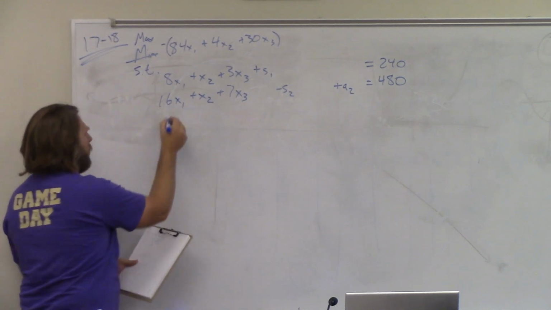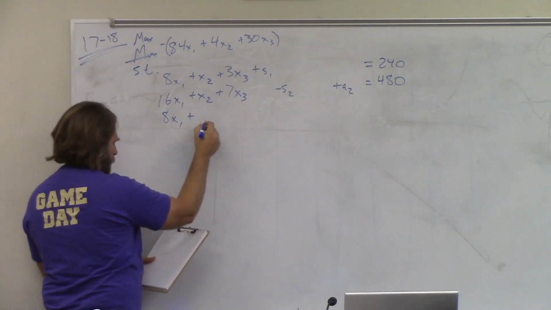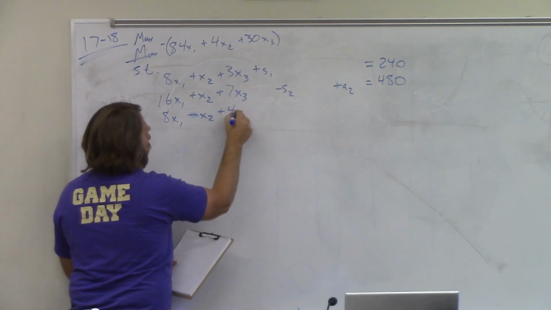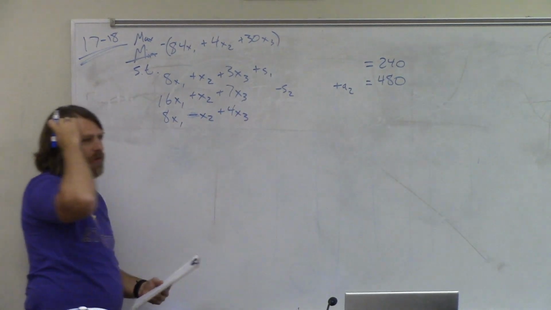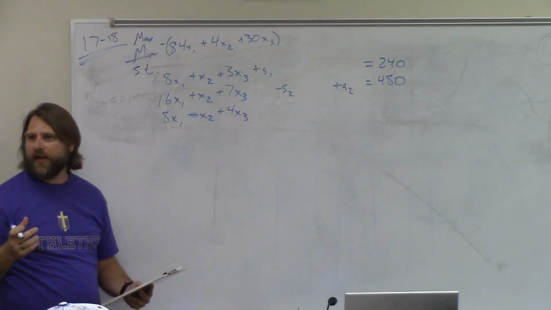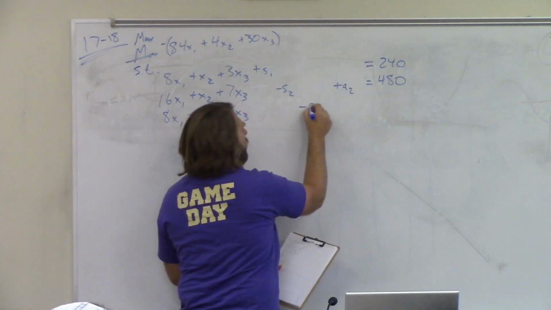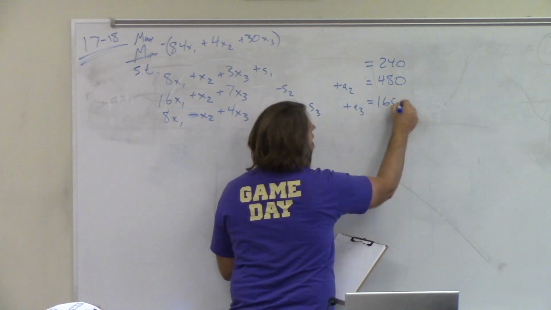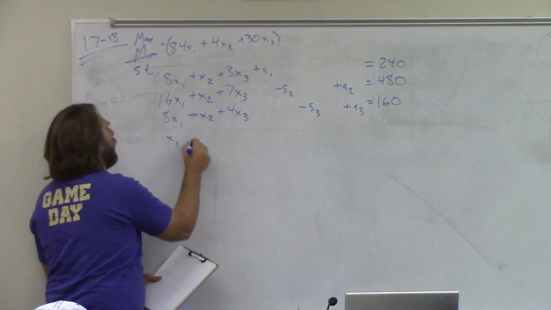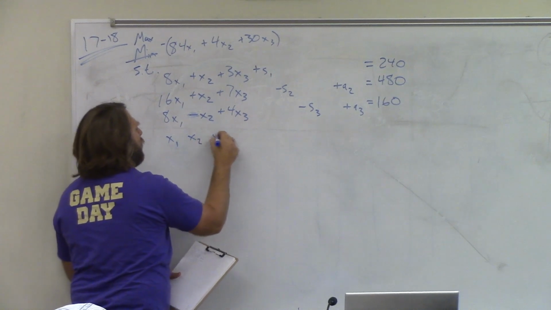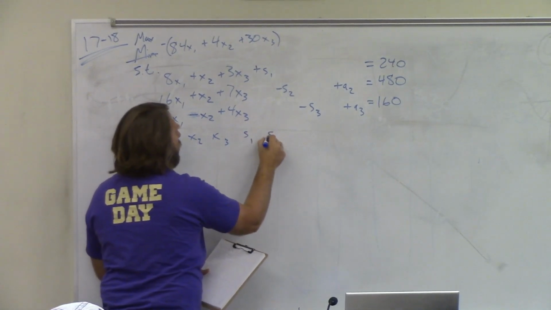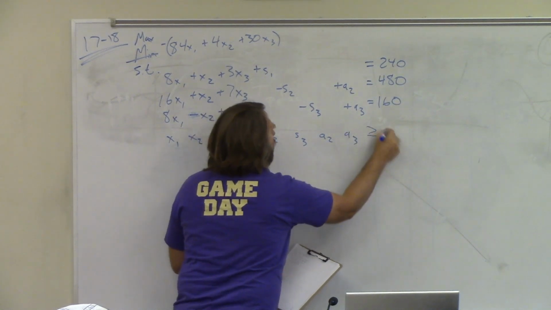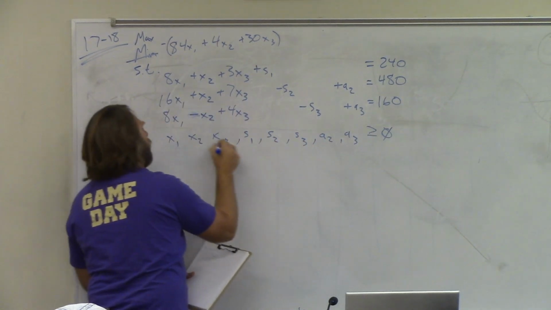And then finally, this is also a greater than or equal constraint. So it's going to look just like the last one. And then we're going to have x1, x2, x3, s1, s2, s3, a2, and a3 are all non-negative.